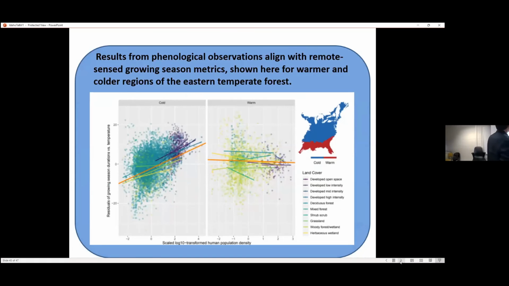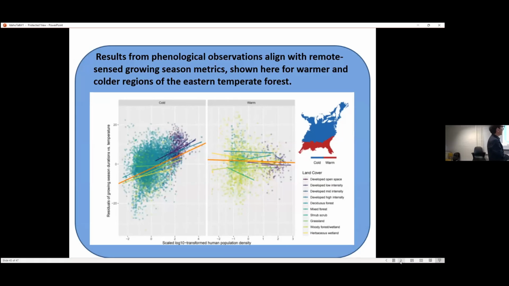And what's kind of cool is we were able to look at the data from the in situ records and compare it to the remote sensing data directly. So here's the data for remote sensing across different land cover types, where you can see for cold areas of the eastern US, shown in blue, this isn't supposed to be an indication of political affiliations. I recognize that using blue and red has more complexity than I ever imagined these days.